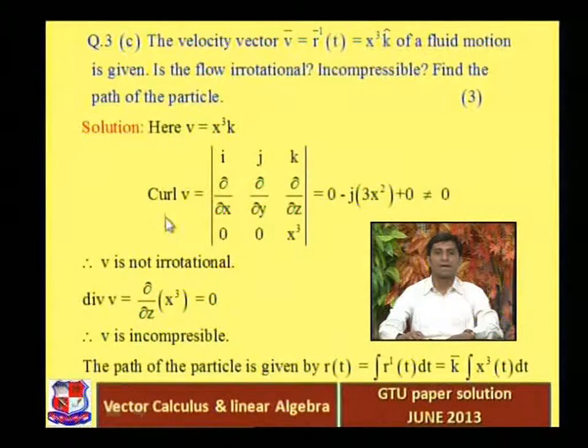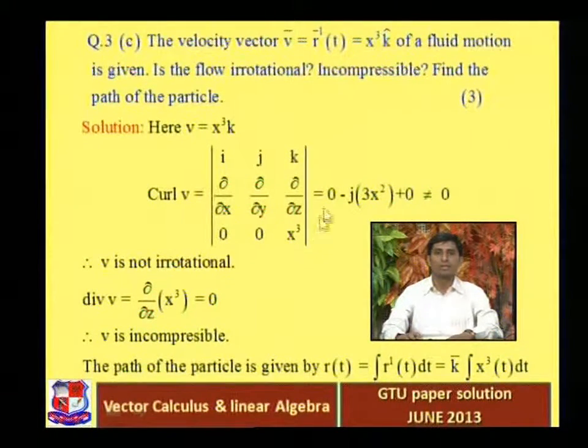So first of all we find curl of v, that is equal to the determinant of i j k. The second row is del by del x, del by del y, del by del z, and what is our v? v is x cube k, right? So the third row is definitely 0 0, because the coefficients of i and j are both 0 here, and then the coefficient of k is x cube.